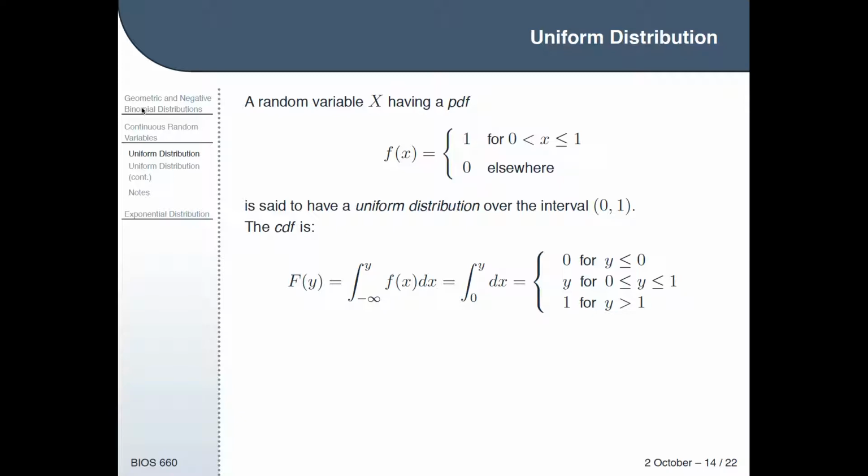And the CDF we get just by integrating from minus infinity to y, which is equivalent to integrating from 0 to y, given that the PDF is 0 for y less than 0. We end up with the CDF being equal to 0 for y less than or equal to 0, y for y between 0 and 1, and 1 for y greater than 1.